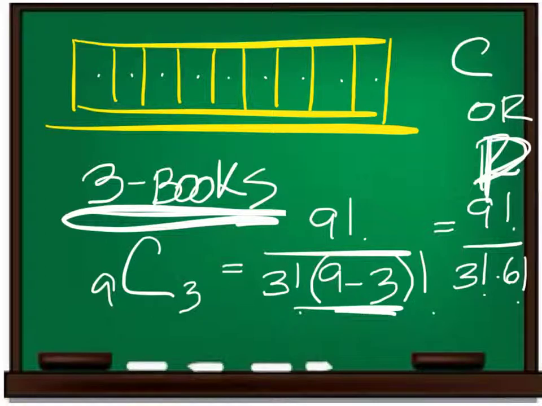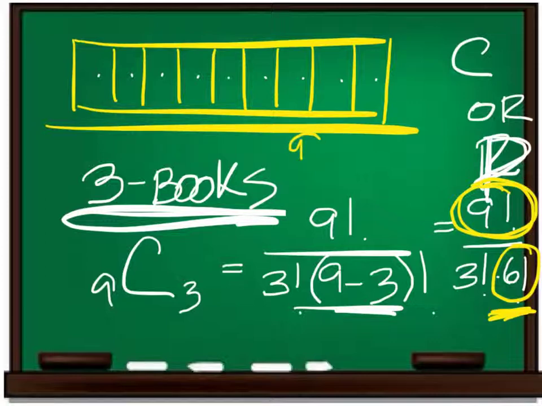Now don't forget there are the shortcuts you can use. You have 9 factorial over 6 factorial. That means you would be left with what numbers from 9 factorial? If this 6 factorial cancels out part of 9 factorial, what numbers are you left with?